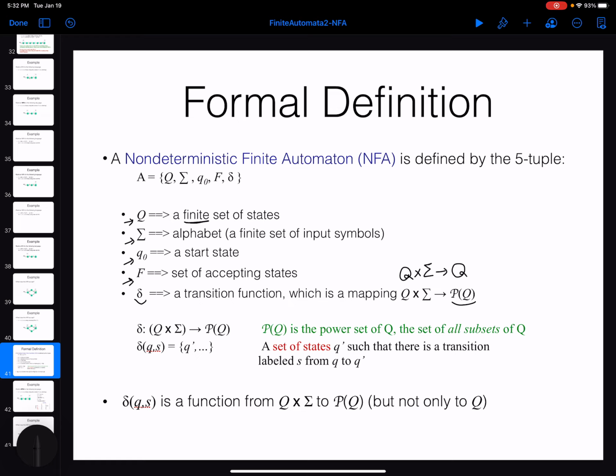So if you are at a state Q and you see a symbol S, it is possible that you go to more than one state. In the DFA, you go to exactly one state. In the NFA, it is possible to go to more than one state.